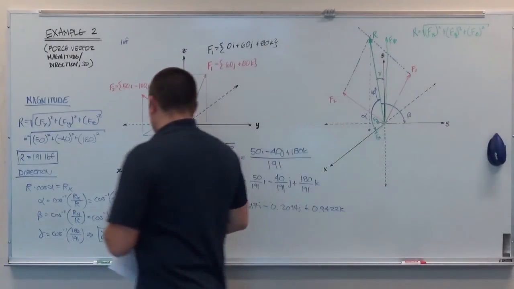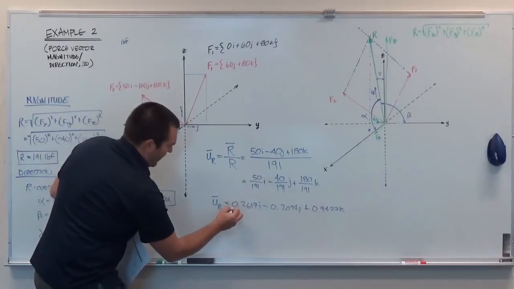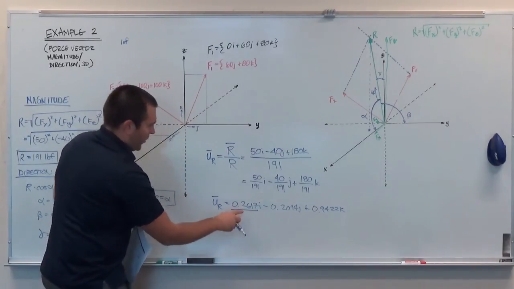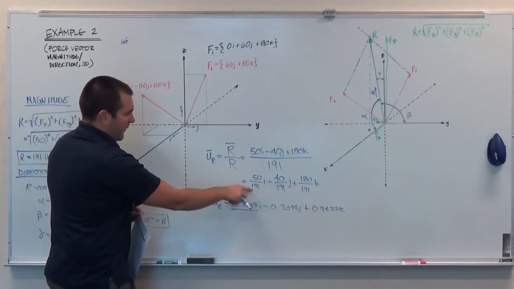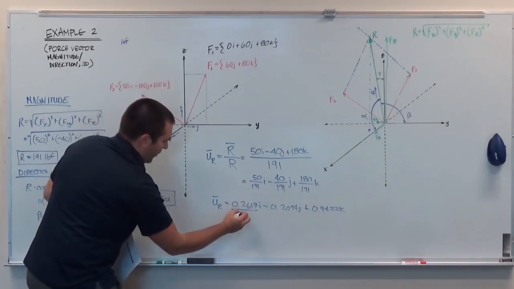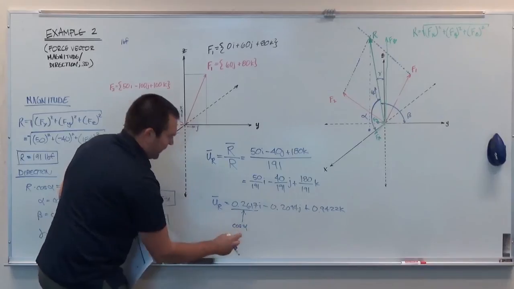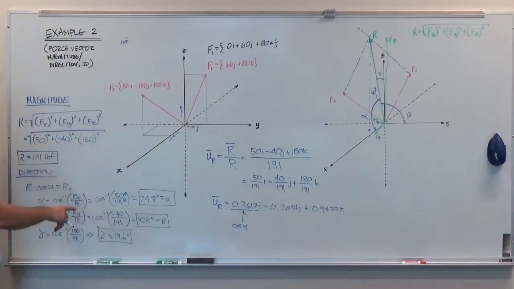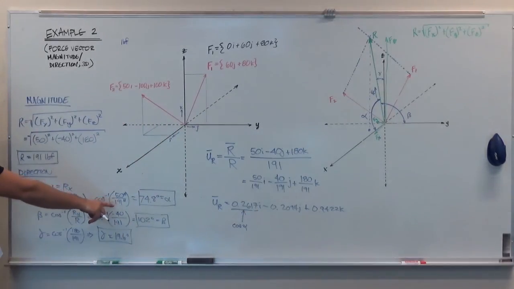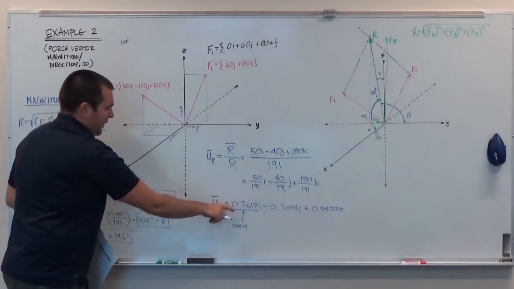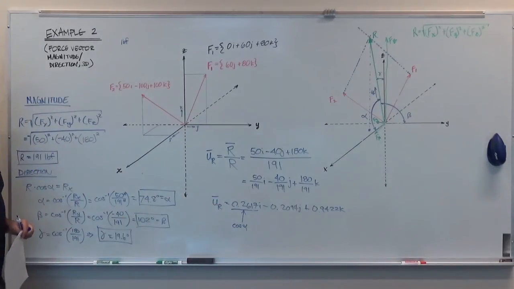And so the advantage of creating a unit vector in the direction of your resultant is that this coefficient here, remember this is simply 50 divided by 191. In other words, this is the cosine of alpha, that coefficient. And that's how we calculated alpha before, is we just took the inverse cosine of that number.